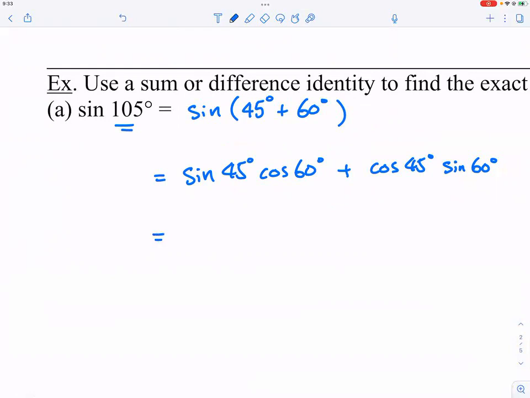So we say what now, and this is the part. Please do this. So in each pair of parentheses, you will put in the values. So sine 45 degrees would be.